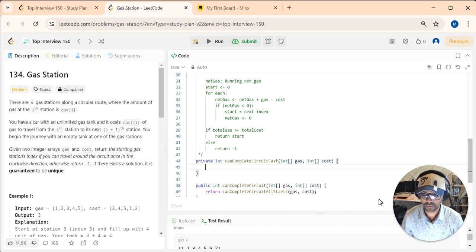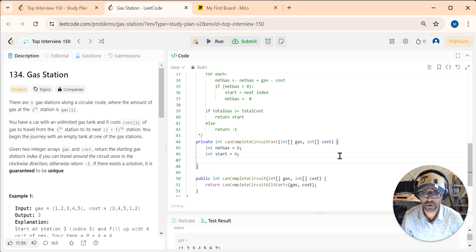Okay, so what's our approach? Well, we are keeping track of net gas, okay? And we are keeping track of start. Start is 0.